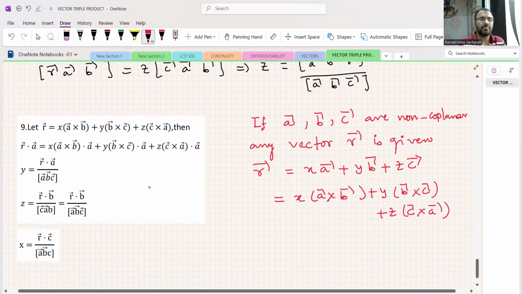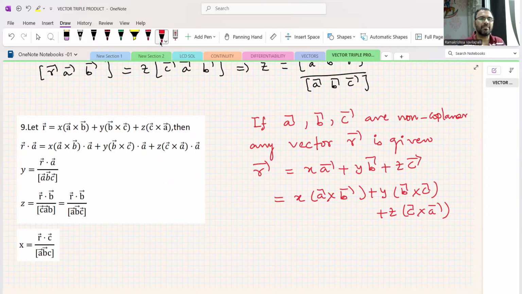Well, so this is the vector equation: X into A cross B, Y into B cross C, Z into C cross A. Now you take dot A on both sides. R bar dot A bar is equal to, here A cross B dot A is 0 because they are perpendicular, and C cross A dot A is also 0 because they are perpendicular.